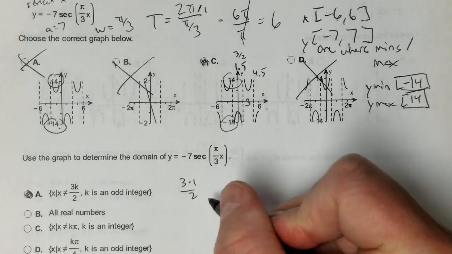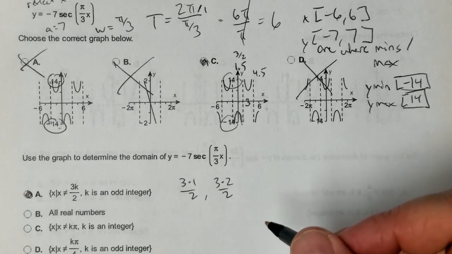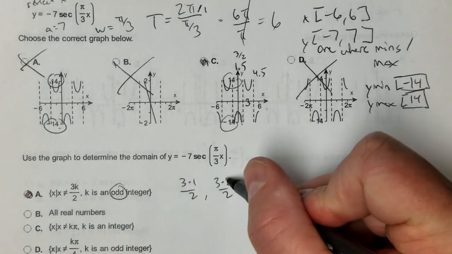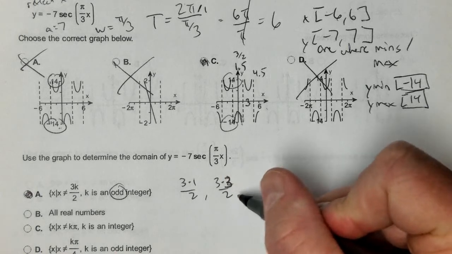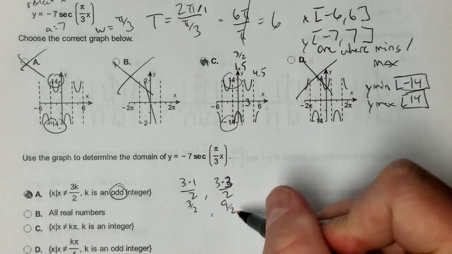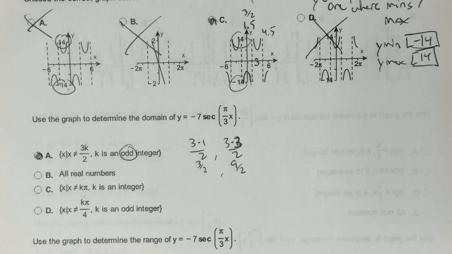3 times 1 over 2 and 3 times 2 over 2. Oh, it says it's an odd integer. Sorry, 3 times 3 over 2. So this is 3 halves, and this is 9 halves. Any questions?